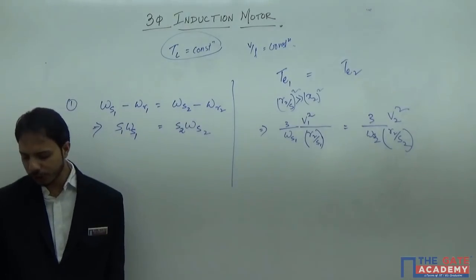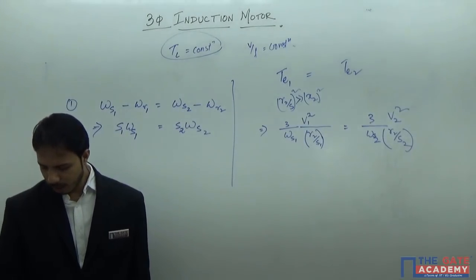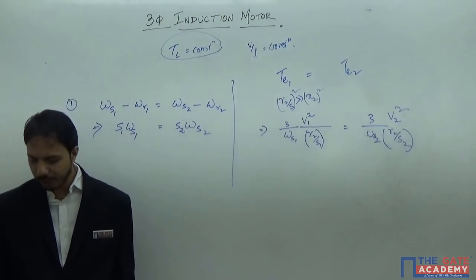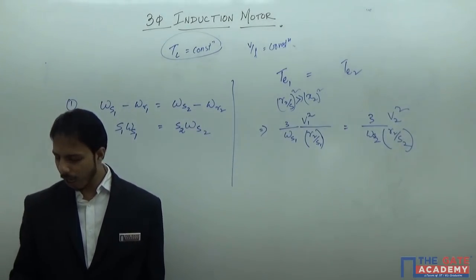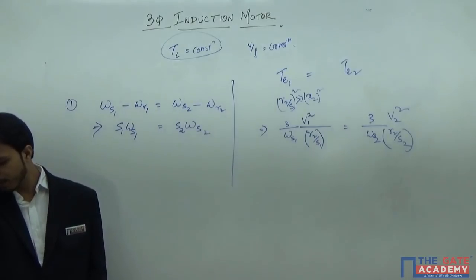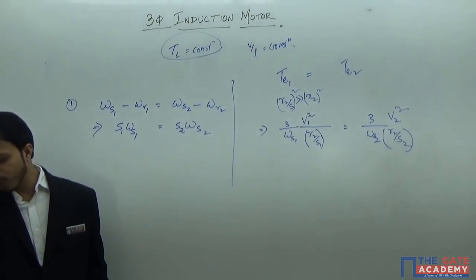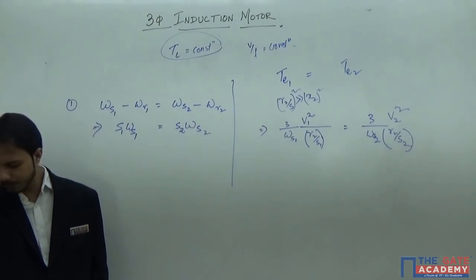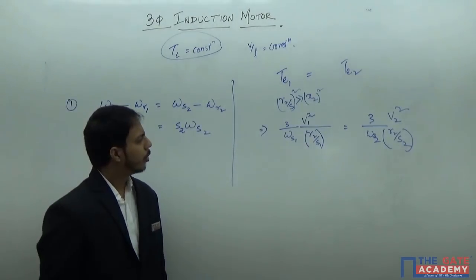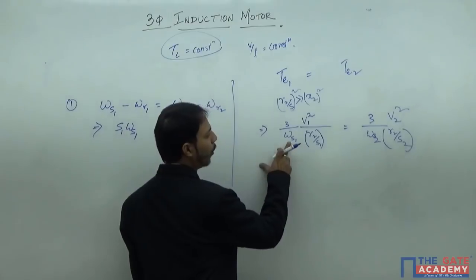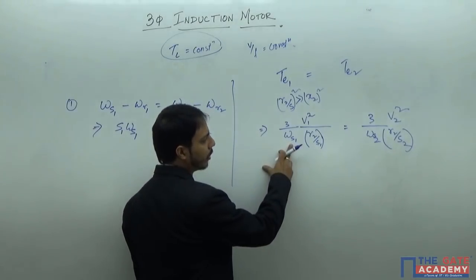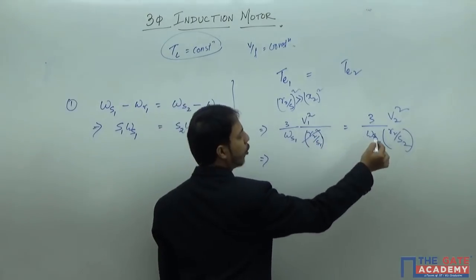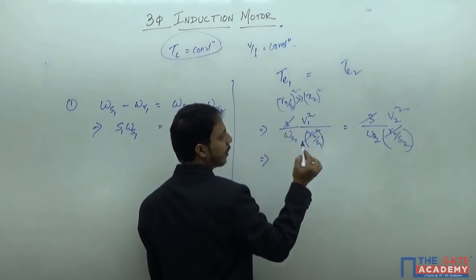Now it is also said that the voltage and frequency both are halved. So if voltage and frequency both are halved, what will happen? You see, omega is directly proportional to frequency. R2 I have cancelled here, 3 cancelled.